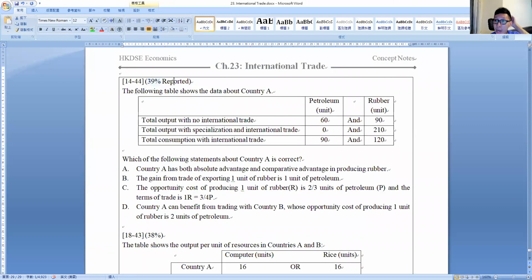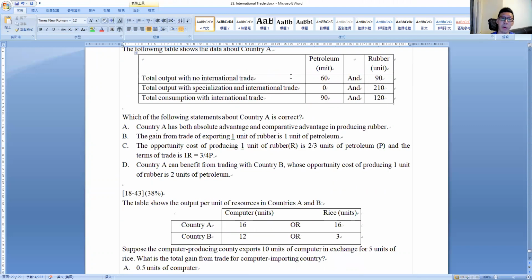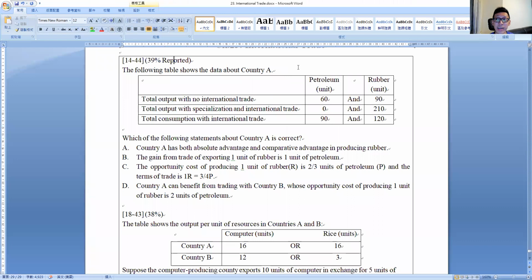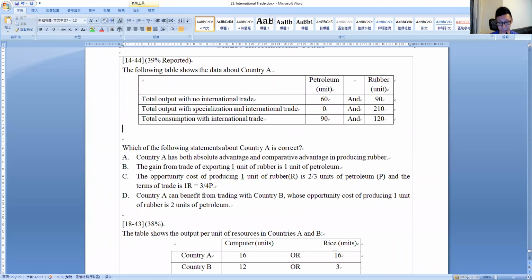It's also being reported in the Marcus report. Okay? How to do it? Do you remember? Again, the way you do it, look at column 1 and column 2. No trade, specialization. What can we see? We will see that there will be 60 petroleum less.